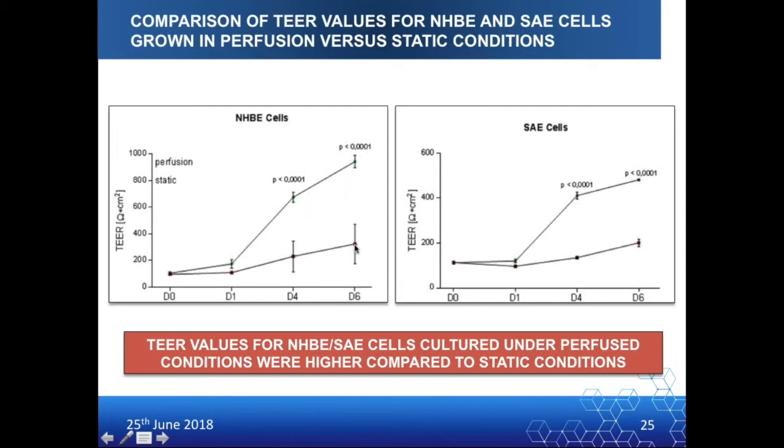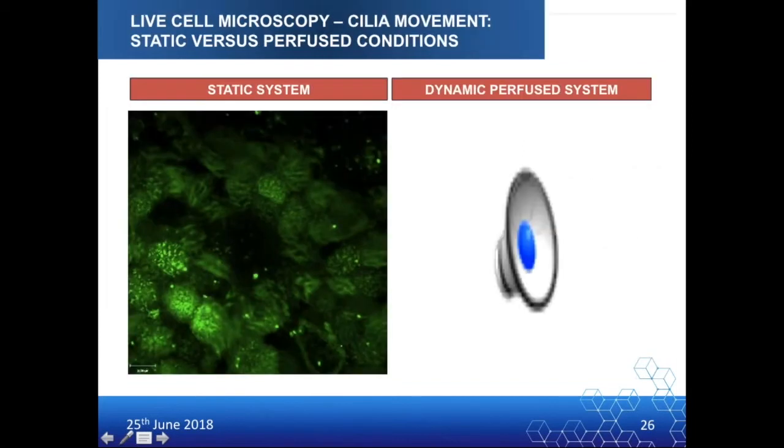The TEER then gets more similar under static conditions whenever they get older. So around day 21 in air-liquid interface, you see about the same TEER values under static and under perfused conditions. So it simply takes longer under static conditions, and therefore this is really an advantage of the perfused system.